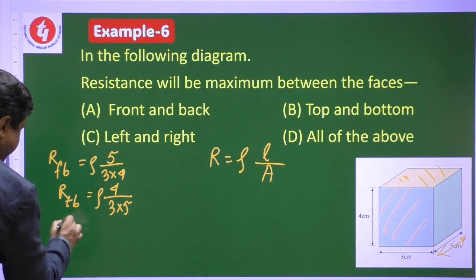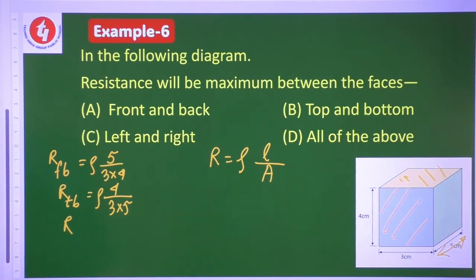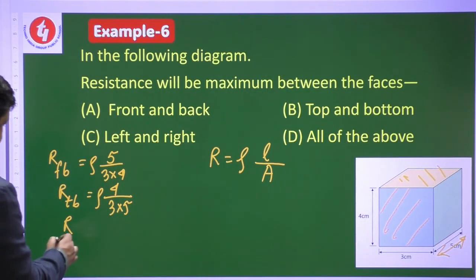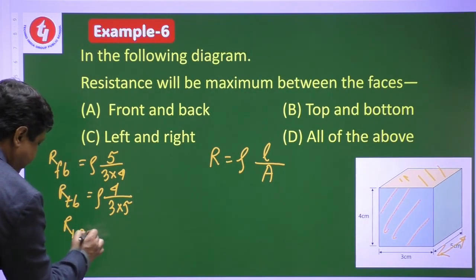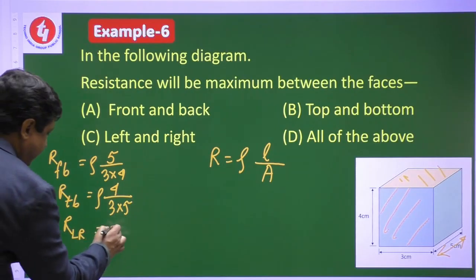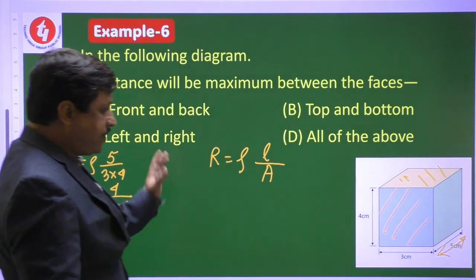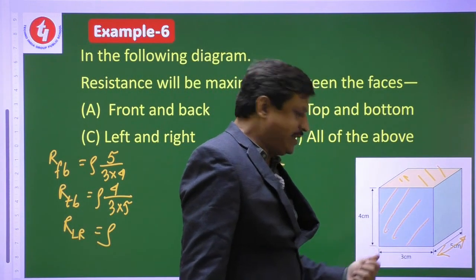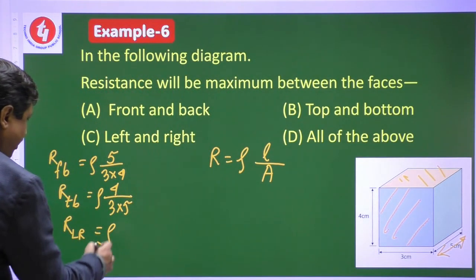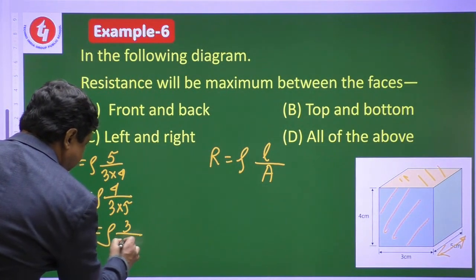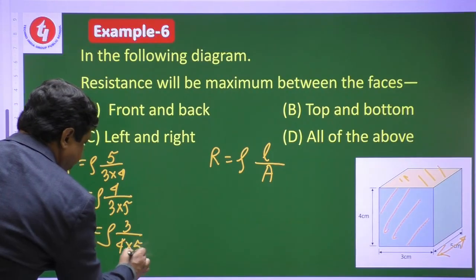And the resistance left-right is rho into left-right length, which is 3 centimeter, and the area is 4 into 5.